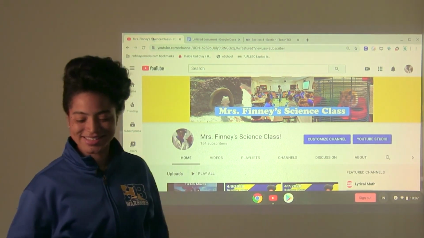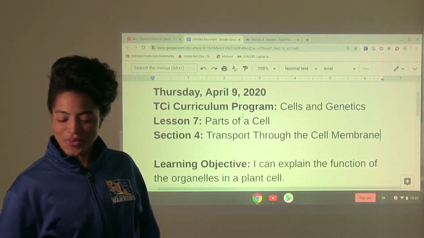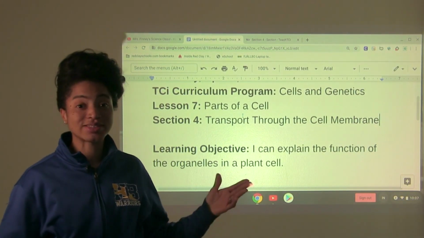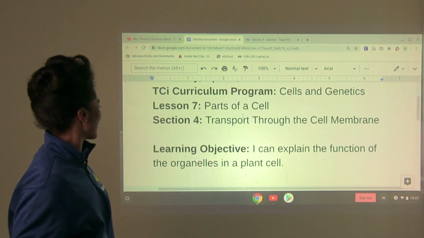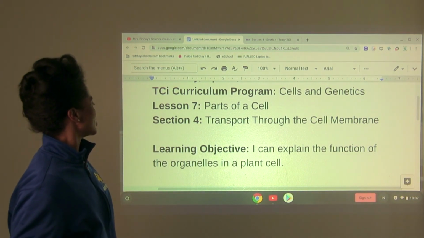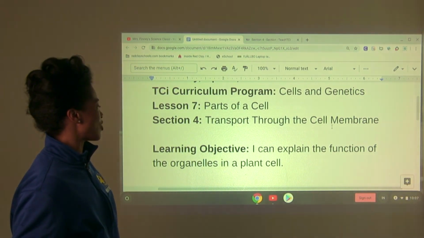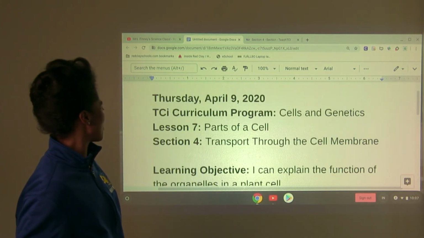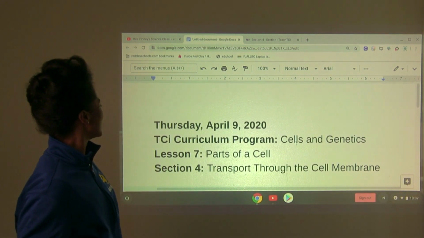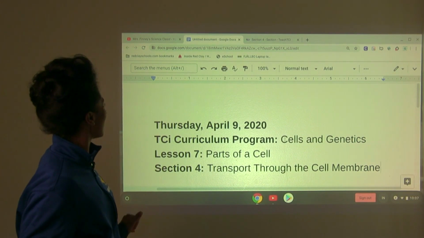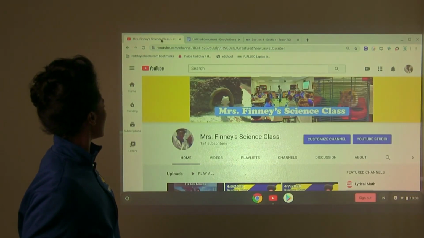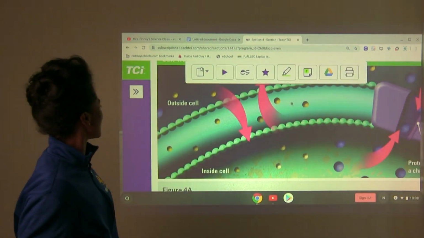Let's get started. So today, we are talking about parts of a cell, still, lesson 7. Section 4, transport through the cell membrane. So we want to make sure that we know how to transport through the cell membrane. All right, let's go here to section 4.